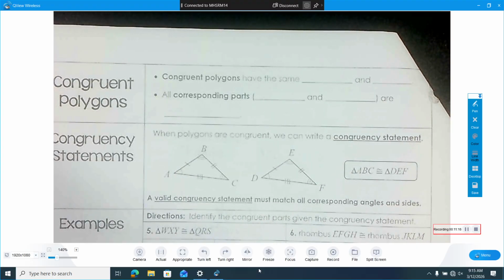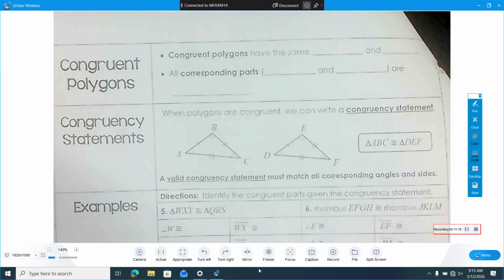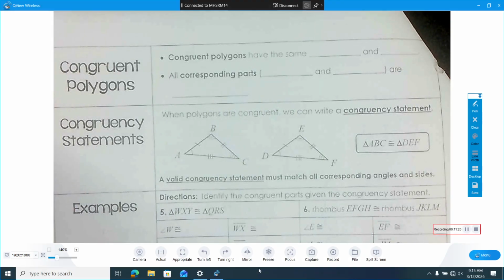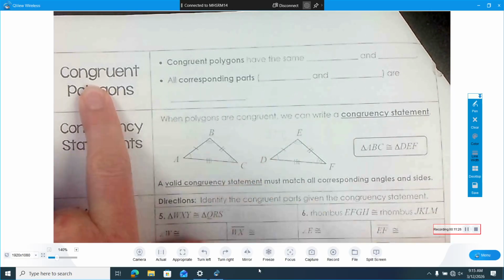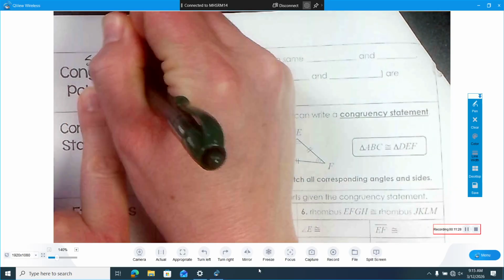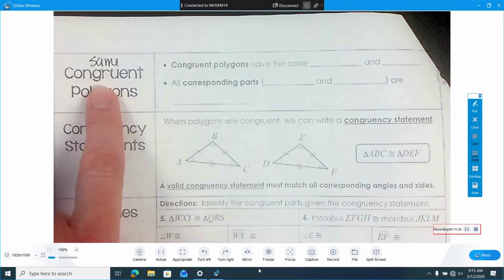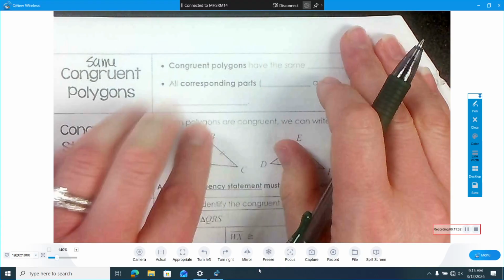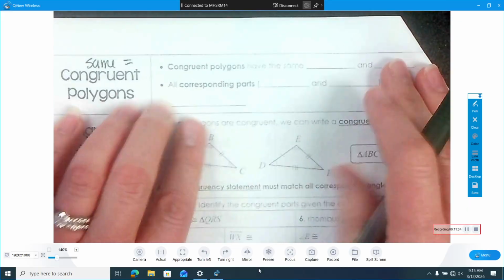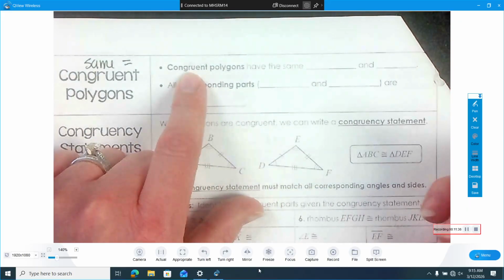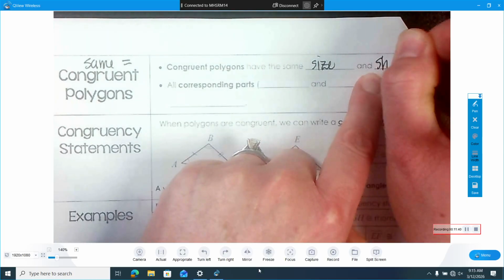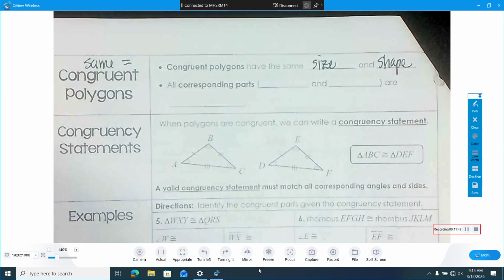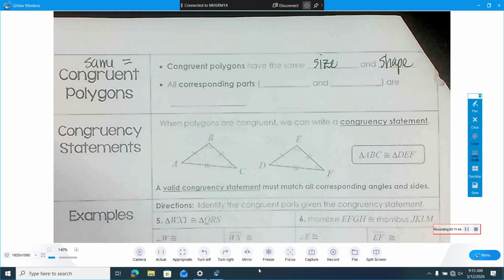Okay. We also want to be able to relate some polygons. So we are going to talk briefly about congruent polygons. What does congruent mean? Same. Yeah, they're the same lengths or same angles. Congruent just means the same, or equal. So congruent polygons have the same size and shape.